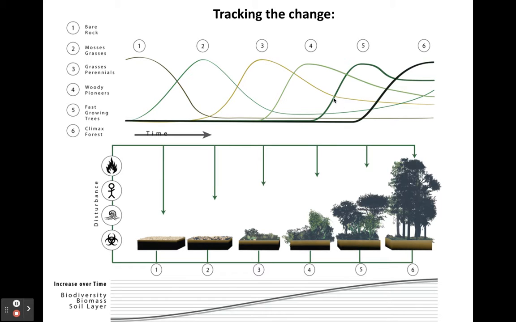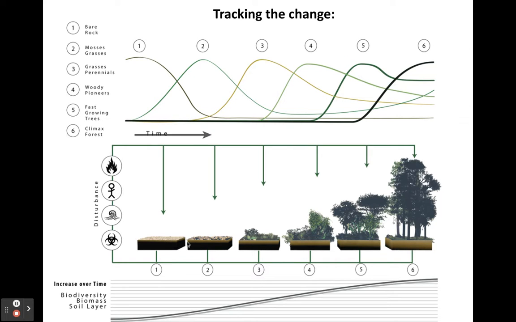And we see this just continuing stage after stage until finally we get the climax forest, which dominates. The thing I want you to notice here is look at how biodiversity changes, right?